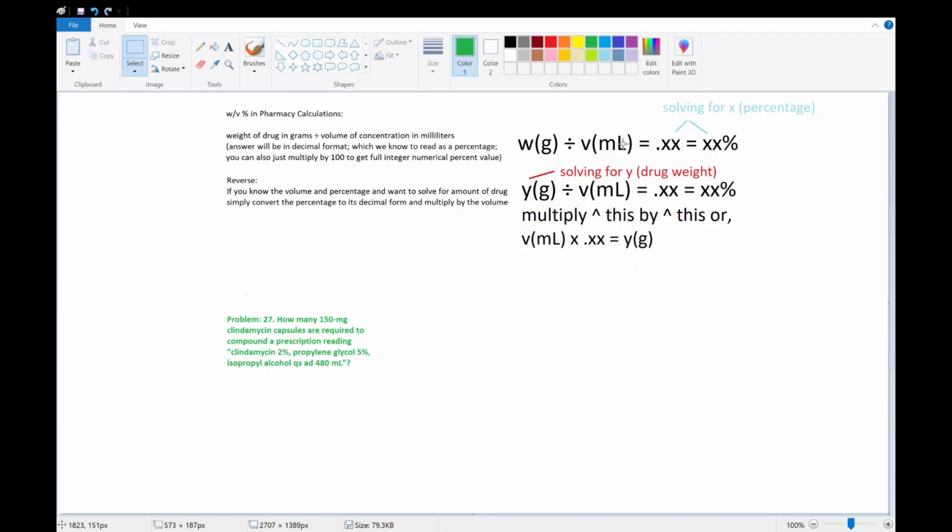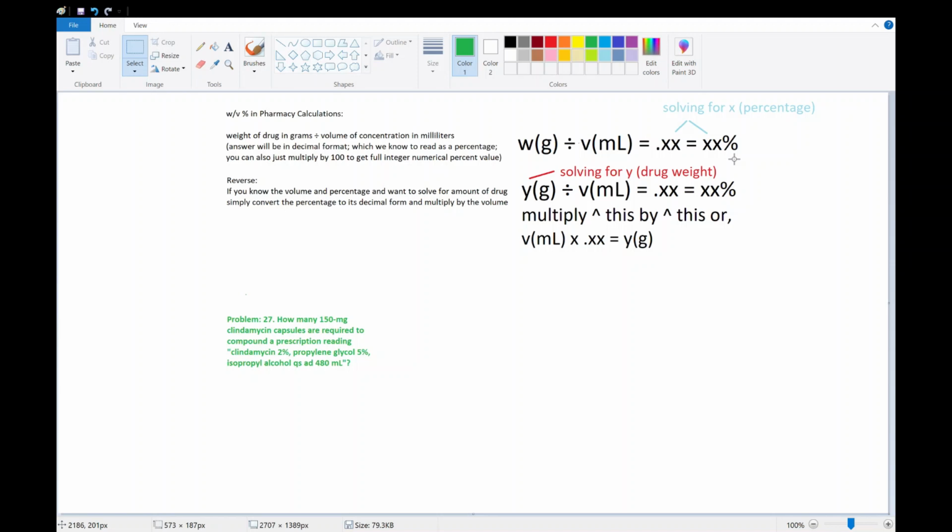Now, the quick mental math we can do: we can either shove the decimal over 2 spaces to the right, or multiply by 100, which is doing the same thing, to get our percentage in a full integer value.